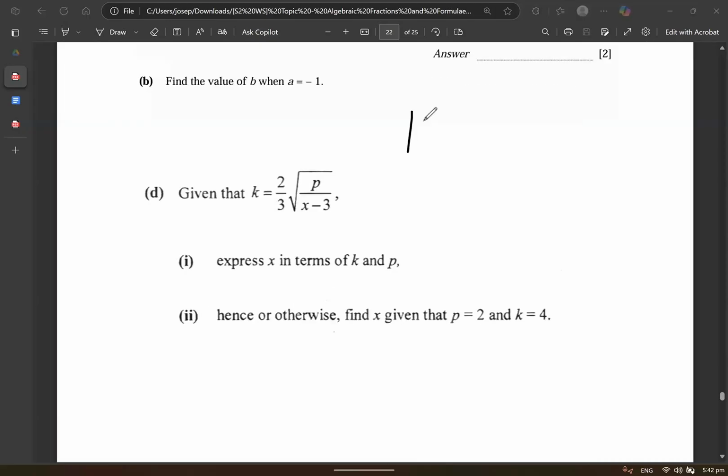Now over here, you see that k is equal to 2/3 square root of p over x minus 3. They want us to express x in terms of k and p. Expressing x means making x the subject.